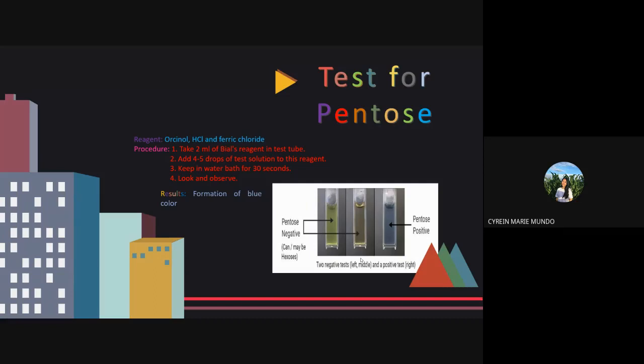The results interpretation for this test: if it's a positive Bial's test, there is a formation of blue color, such as with ribose sugar. It is negative if there is no formation of any other colors. Hexose sugars like glucose and fructose generally give green, red, or brown colored products.